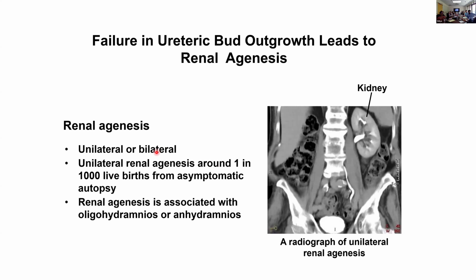If it's bilateral renal agenesis, the embryo, the fetus, can still develop healthy, so we don't need kidneys for our embryonic and fetal life. It's not necessary, but there is a consequence.